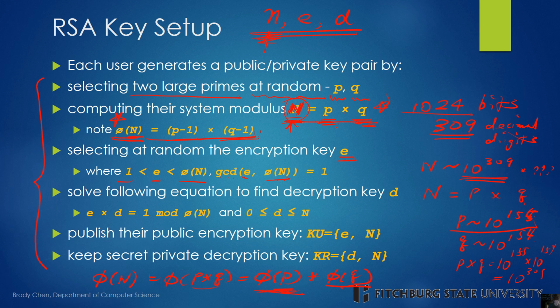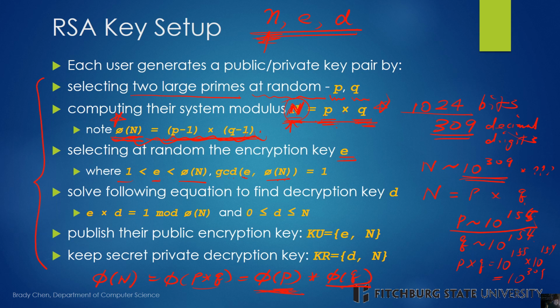Now how can we select E? We randomly select E, and then we check whether E and phi of n are relatively prime. That process should be relatively simple, because we can use the Euclidean algorithm.